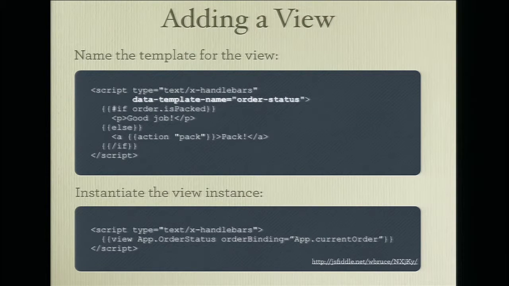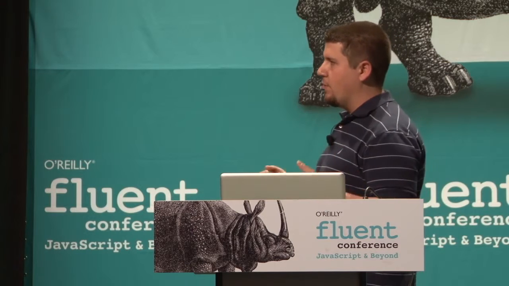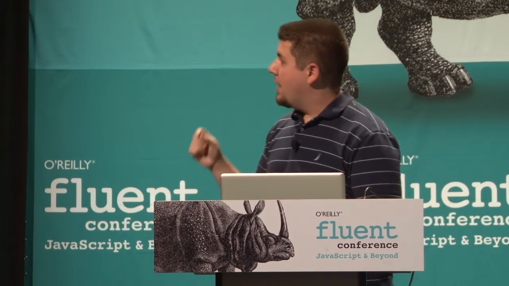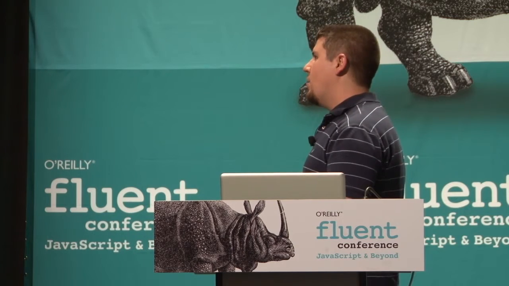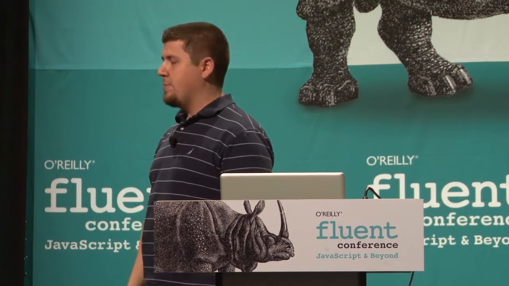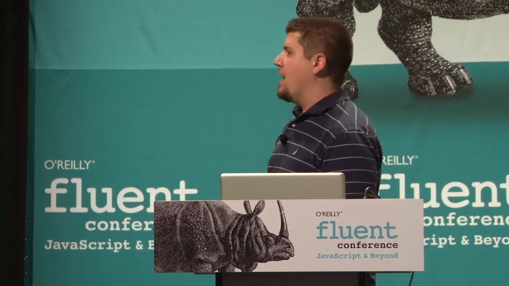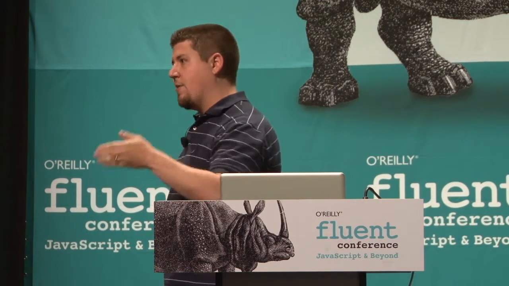And this is another interesting bit about Ember: there's these things called binding properties, at least that's what I call them. Unfortunately, binding is a completely overused word. But what this means is, any time that on an object you say foo binding with a capital B, it's going to take the value of that property as a string, like app.currentOrder here. And it's going to say, okay, where is this app.currentOrder? It uses Ember.get to look it up, to walk the path, to find it.